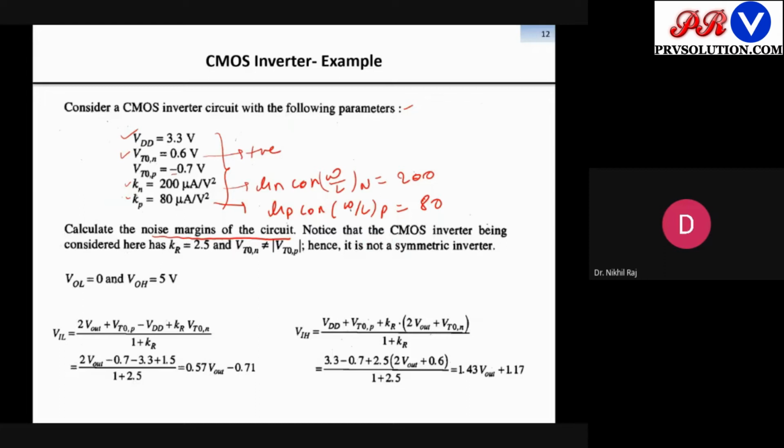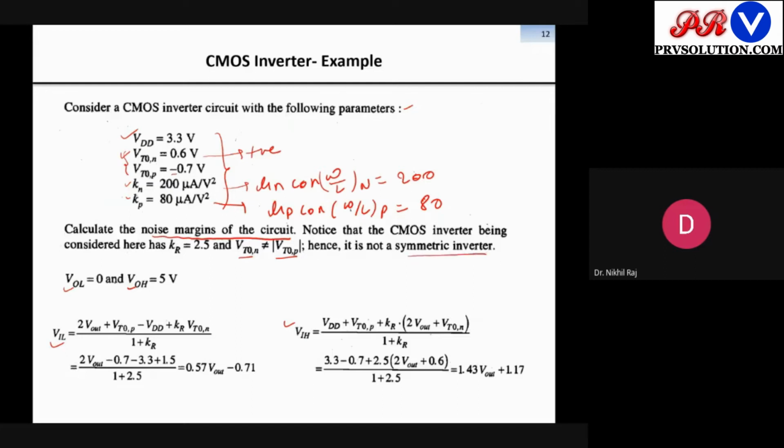Now in calculation of noise margin of the circuit, just recall the equation. Here we recall VIL and VIH, these are the expressions, and VOL and VOH. One thing to see is that the magnitudes of VT naught and VTP are not the same. Once the magnitudes are not the same, we cannot say it is a symmetric inverter.